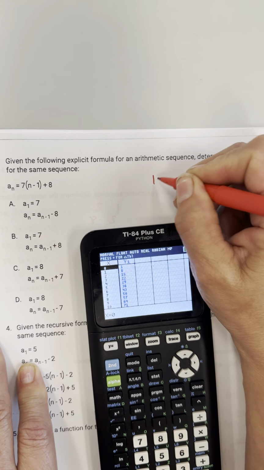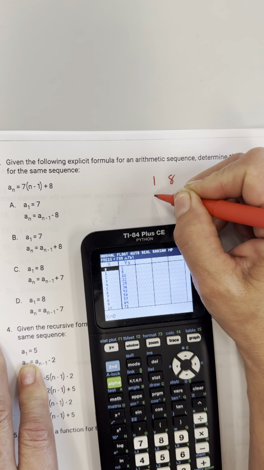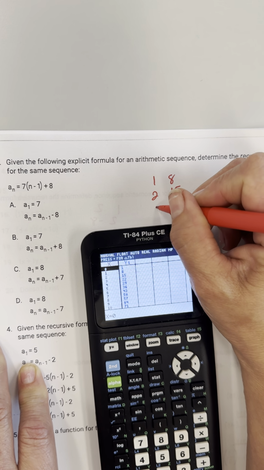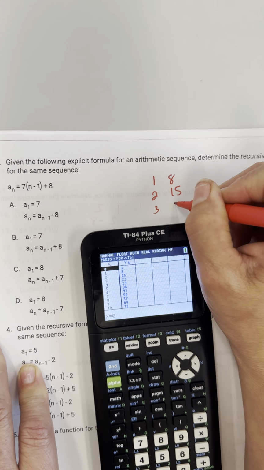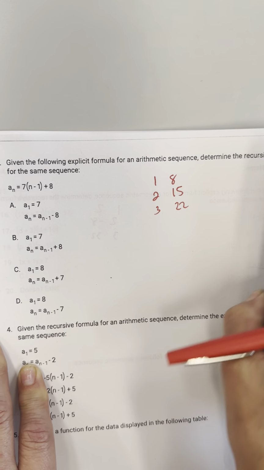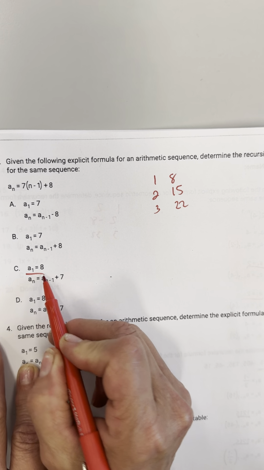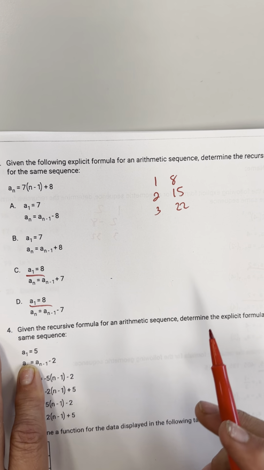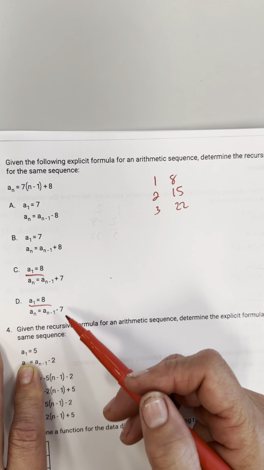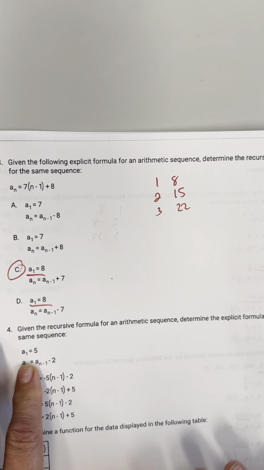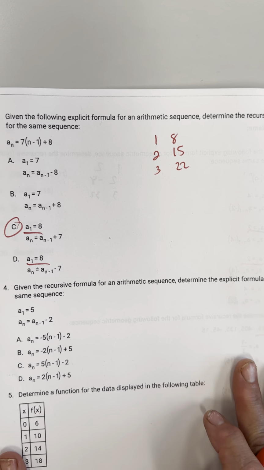So 1 is 8, 2 is 15, and 3 is 22. Okay, so my first term is 8, so I'm at either C or D, and I am going up. So I'm not subtracting, I have to be adding. My answer is C.